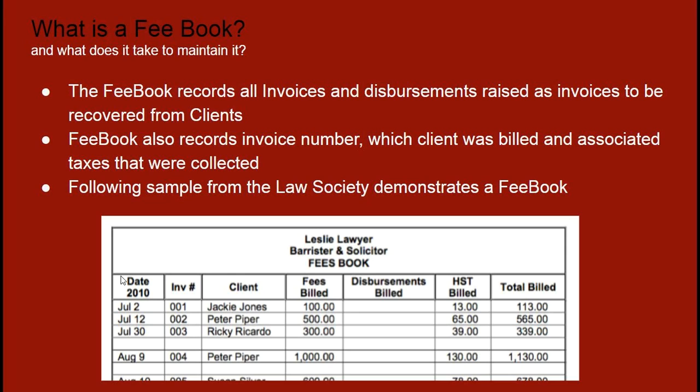Though disbursements is an expense, the fact that it's a recoverable expense, so at that particular time it was part of your invoice, it's still considered to be part of that fee book.